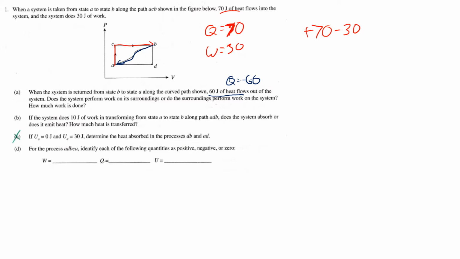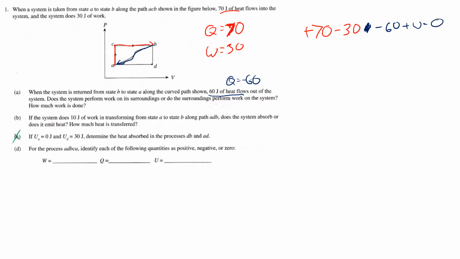Okay, so when we're talking about going back, we lose 60 joules, flows out of the system. So what's happening here? Now we're going to do minus 60 joules because we're losing, flows out of the system, and then we have a W, so plus W. We're solving for that.